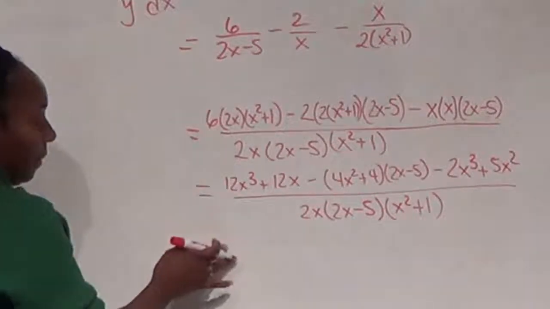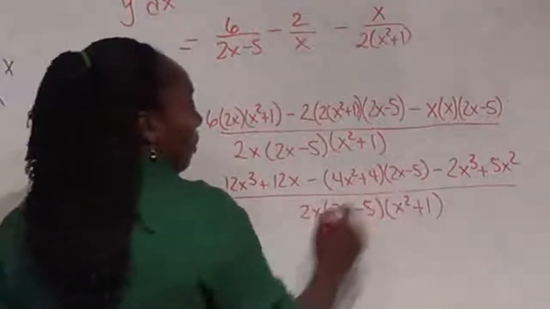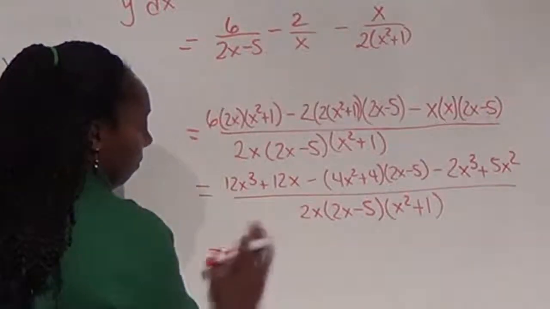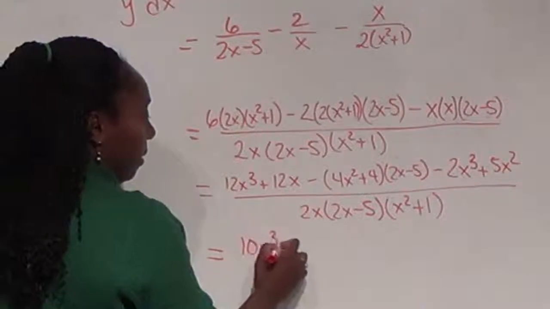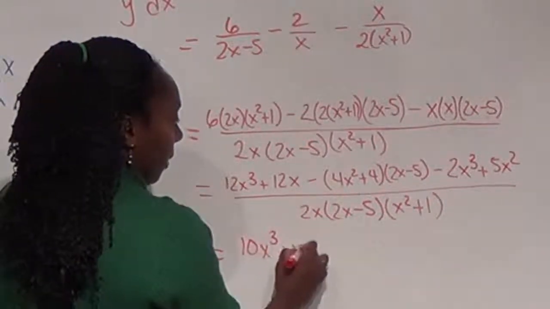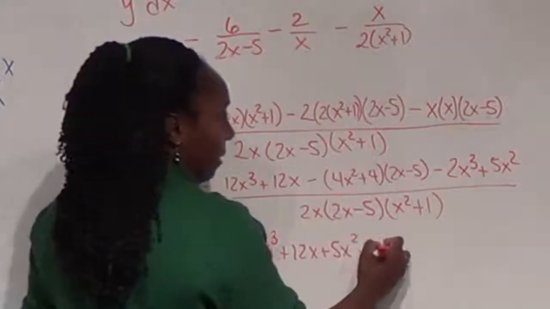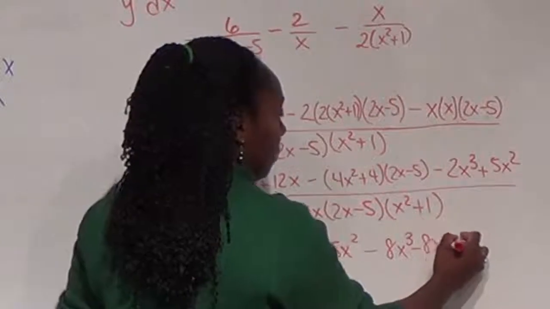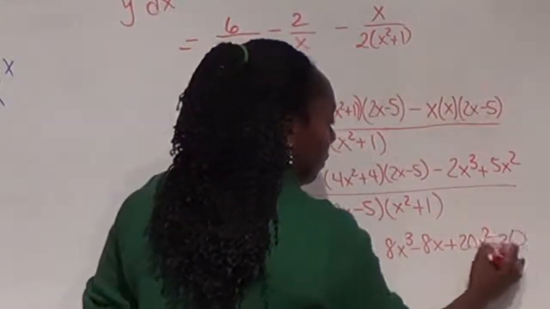Combining those middle terms, we can FOIL that out. Let's go ahead and combine this stuff. So we get a 10x cubed plus a 12x plus 5x squared minus an 8x cubed minus 8x plus 20x squared plus a 20.